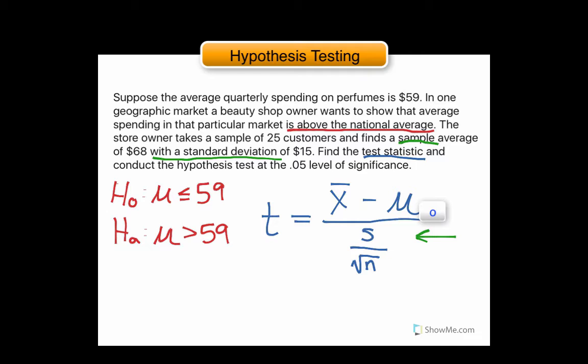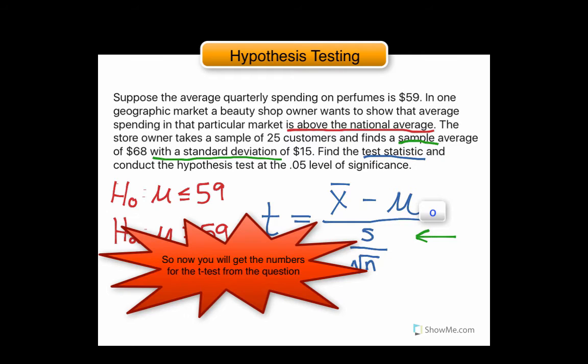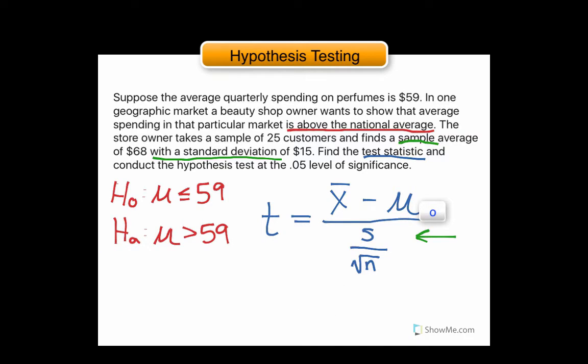So now we need to identify what some of these numbers are. X bar is the sample mean, and it tells us sample average of 68. So that's X bar. I sort of mentioned this already, but mu is the population mean or the hypothesized mean.